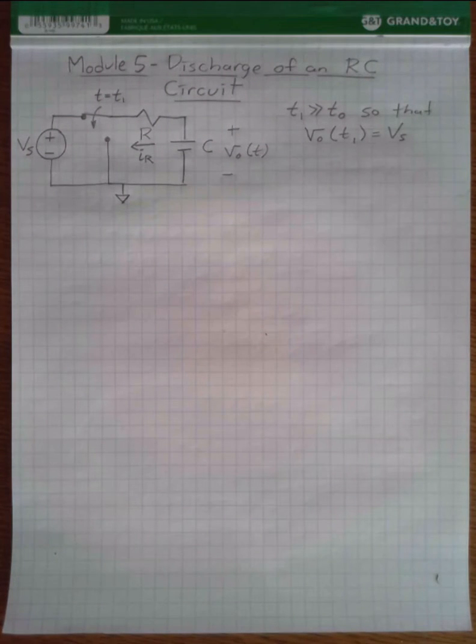This is sometimes known as the source-free response, because we're looking at how the capacitor voltage behaves once we remove the source from the circuit. So if Module 4 was where we determined the step response of the circuit, this Module 5 is where we're determining what's known as the source-free response for the circuit.